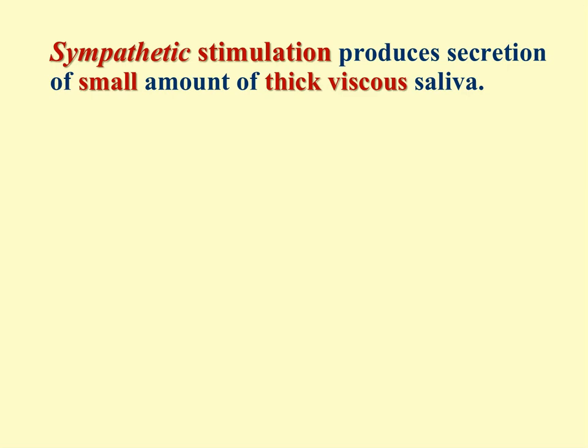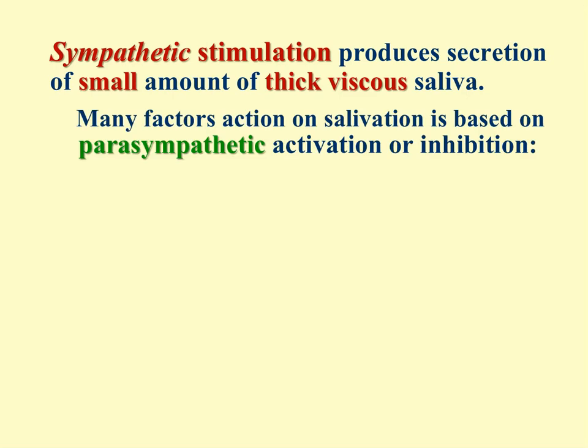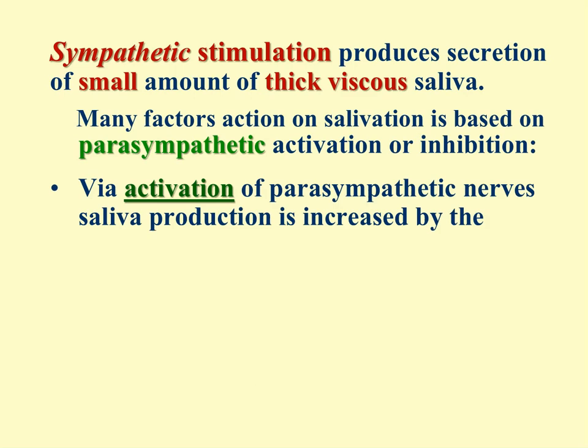The sympathetic stimulation. In experiments, it was shown that sympathetic nerve stimulation produces release of a little amount of saliva, and this saliva is very thick and viscous, very dense. So there are many factors which act on salivation. Their action is based on parasympathetic activation or parasympathetic system inhibition.